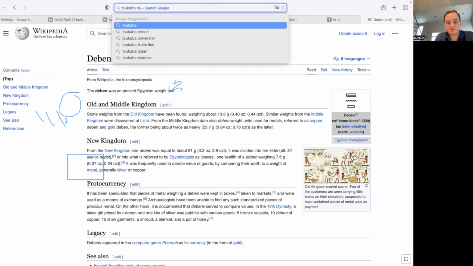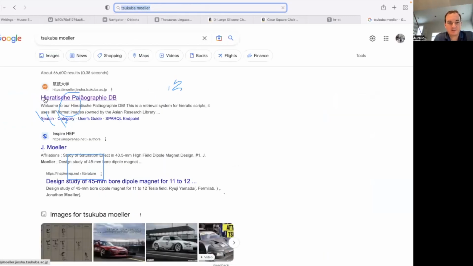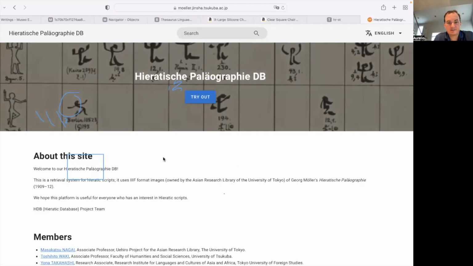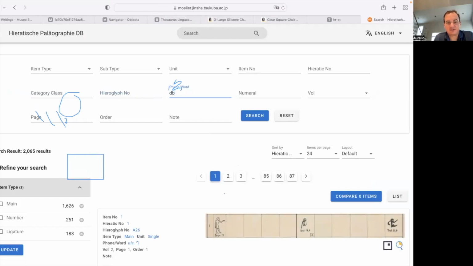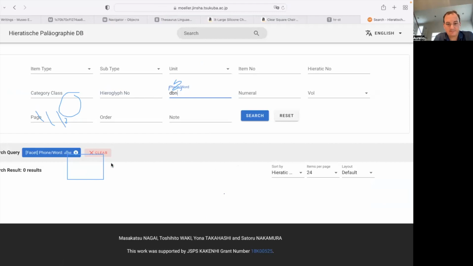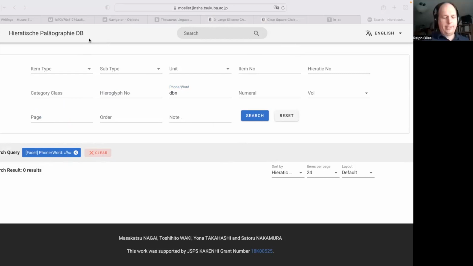Möller, Hieratische Paläographie, right? Yeah. Here we go. And there is no Devon. F46. What category again? F46, I think. S, for the S in Sam?